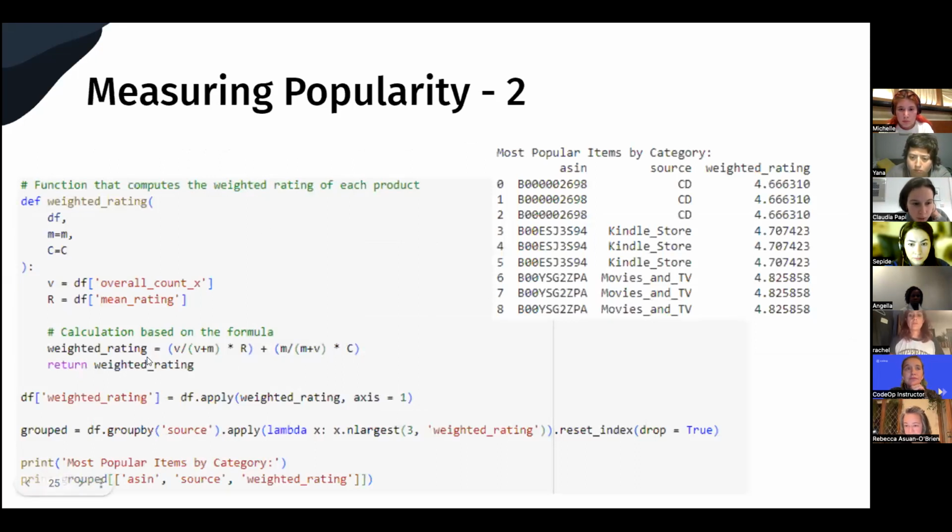This is just the code where I use this formula. Essentially, this is called weighted rating, which means that because all of these products have a different number of reviews, and maybe some of them have less compared to others, it's really important that you normalize it, so that the system takes into account the number of reviews and balances it.